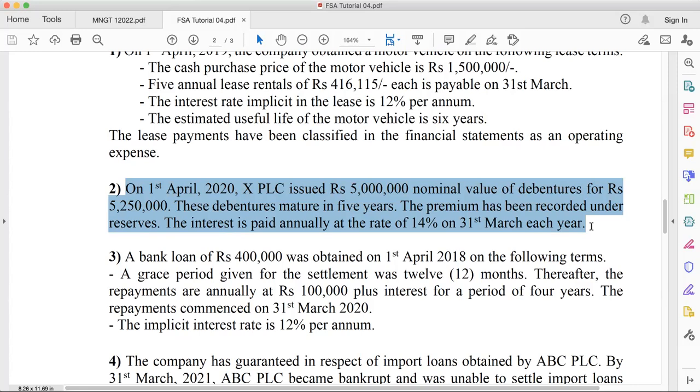These debentures mature in 5 years. Premium has been recorded under reserves. Interest paid annually at the rate of 14%.